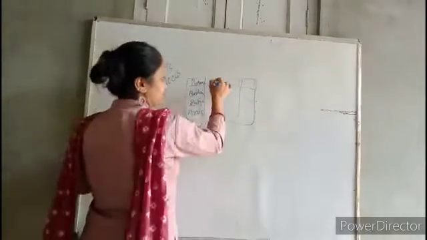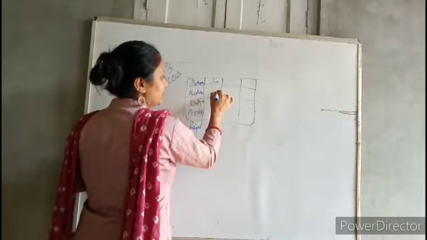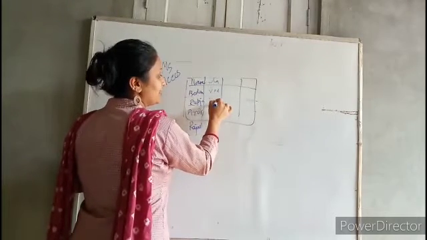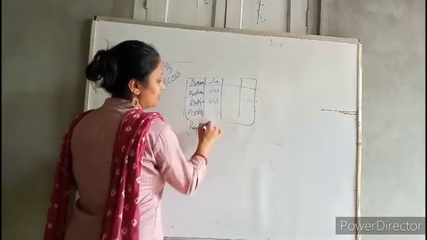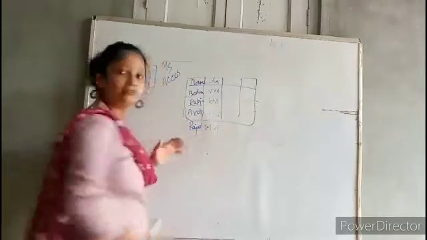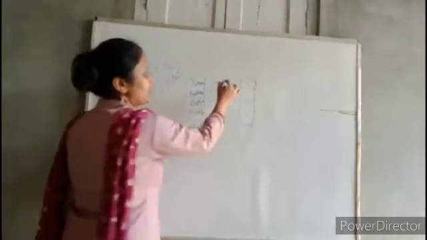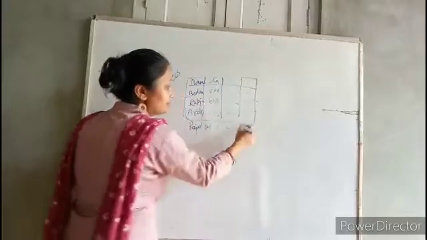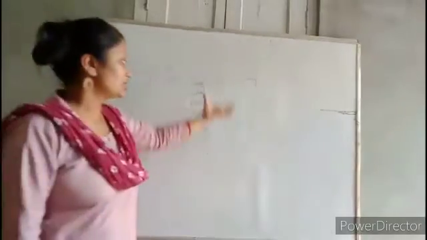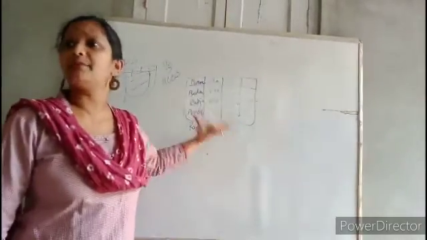Class: 7A, 7A, or 8, 8, 8A, 8A. Here you are writing roll numbers. Here you are writing admission numbers. So this is the table in MS Access.